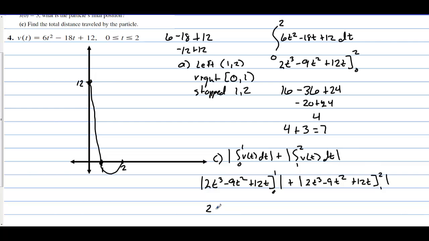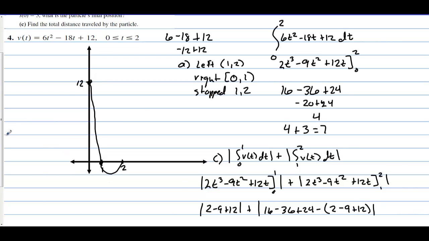1 is 2 minus 9 plus 12. Absolute value, if we plug 0 in, all of that will be 0. And then plus the absolute value of 16 minus 36 plus 24, and then minus 2 minus 9 plus 12.